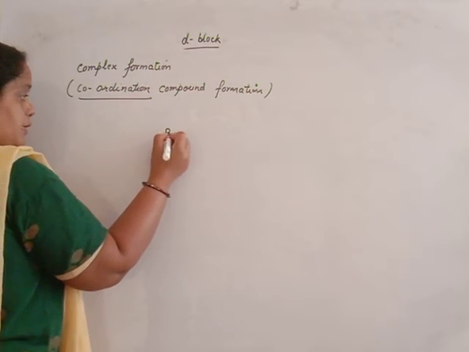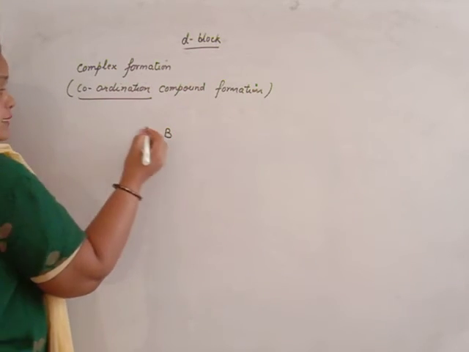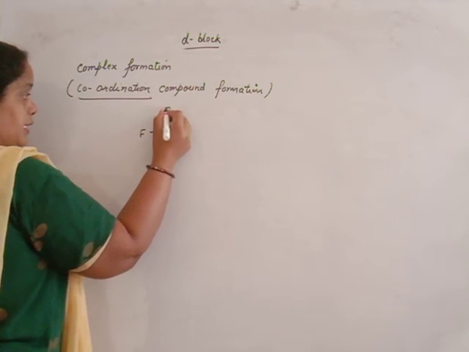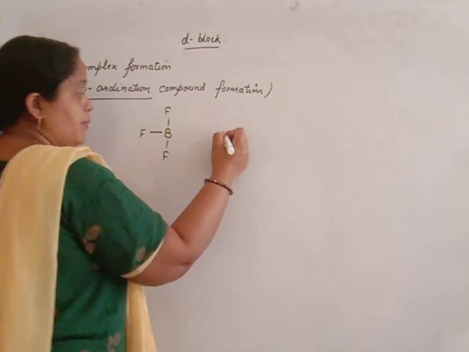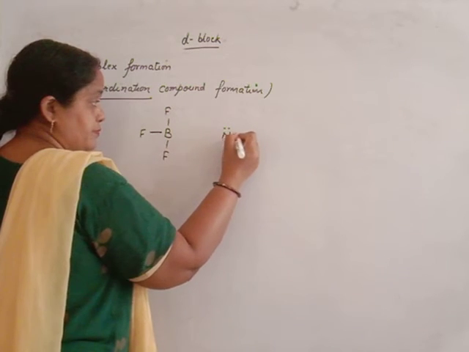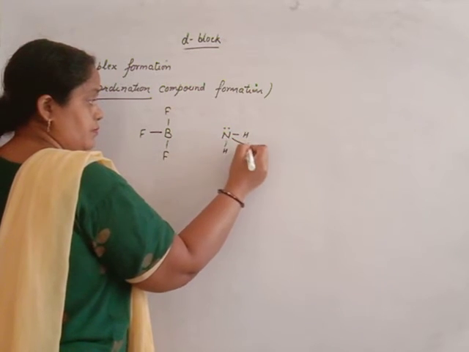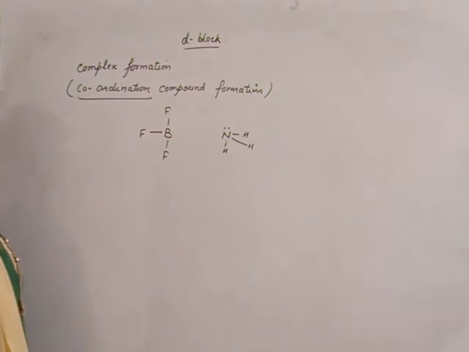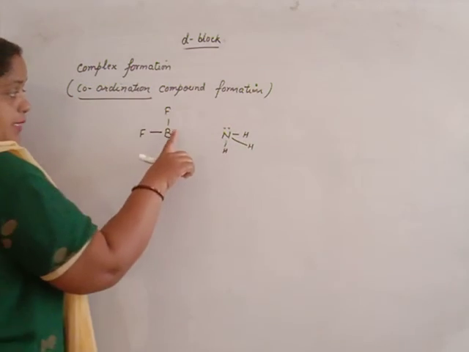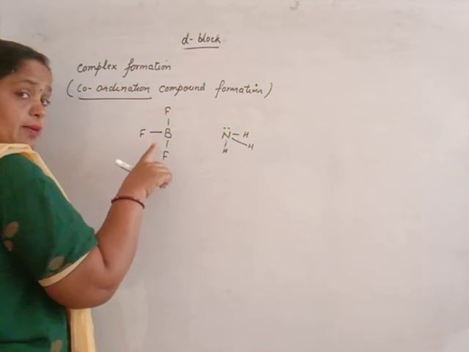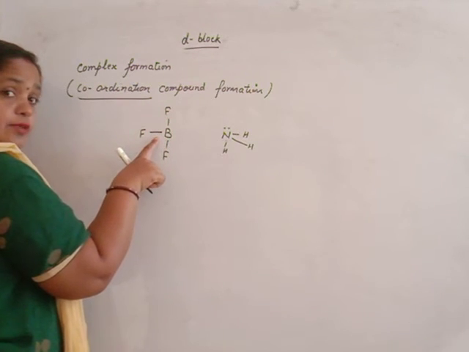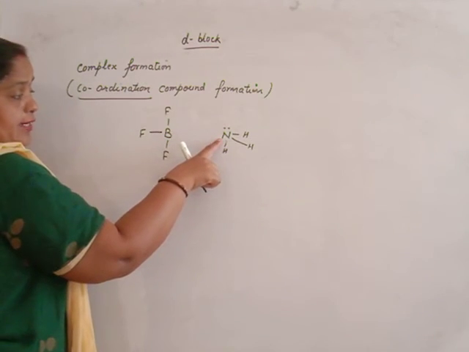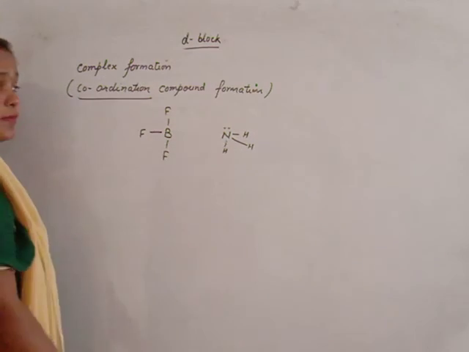One of the most common examples that you studied in your lower class, BF3, boron trifluoride, comes in contact with ammonia. Beta, it does not have a completely filled outermost electron configuration after sharing, that is 8 electrons. It has 6 electrons and 2 electrons are free.